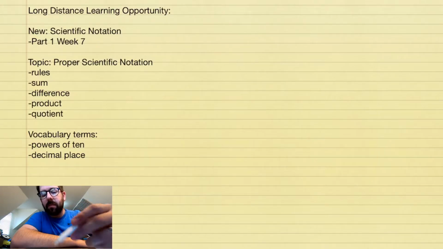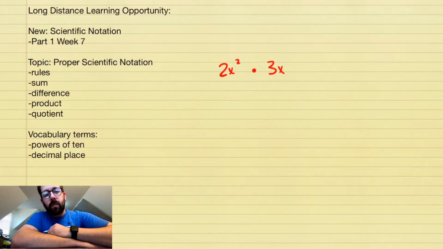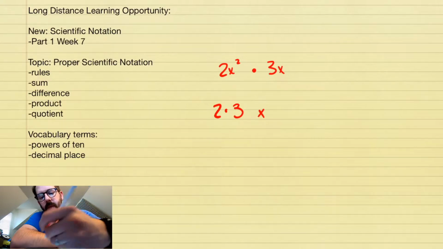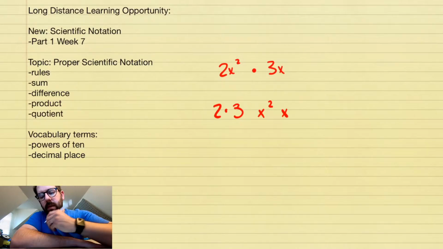Now adding, you have to have the same variable, but on multiplying, let's say this is the items we're multiplying, we can do that. Now these don't even have the same variable, but you can still do it. And how you actually multiply these is you multiply the leading number out front, so the 2 and the 3. You'd multiply those together. The variables sit in the back, like that.